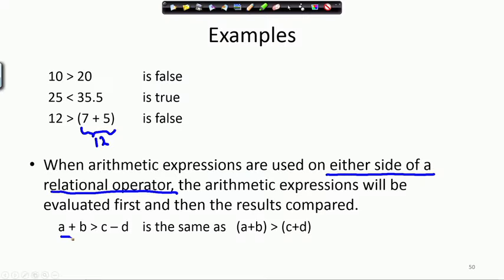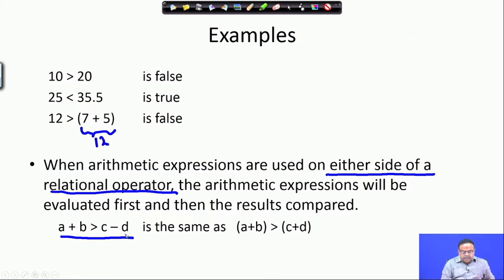So, if there is something like a plus b greater than c minus d, that is equivalent to: first I will compute a plus b, then I will compute c minus d, and suppose a plus b is 10 and c minus d is 17, then this will lead to false. First these will be computed, then the relational operator will be computed.